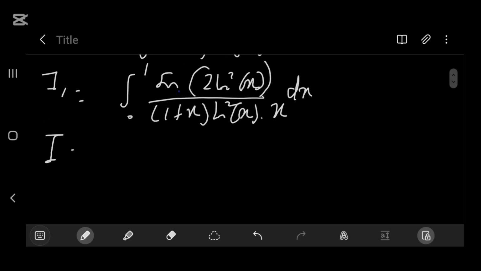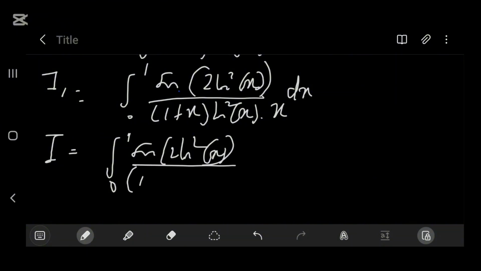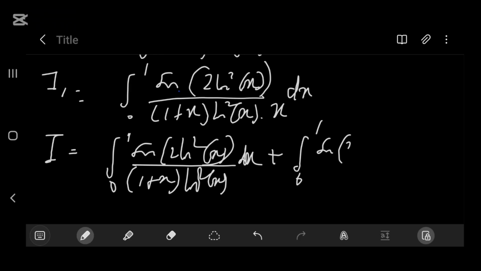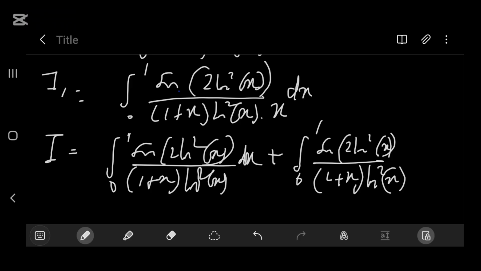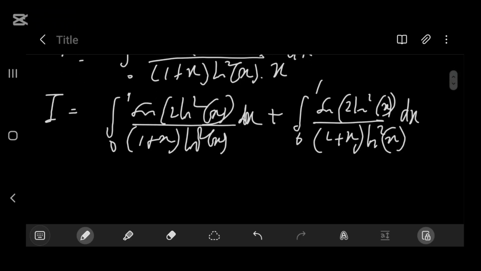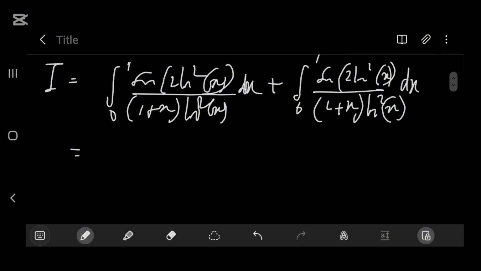Now let's take the integral I, which is the integral from 0 to 1 of sin(2 ln²x) over (1 plus x ln²x) dx, plus this I1, which is the integral from 0 to 1 of sin(2 ln²x) over (1 plus x ln²x) dx. We can see that clearly now.